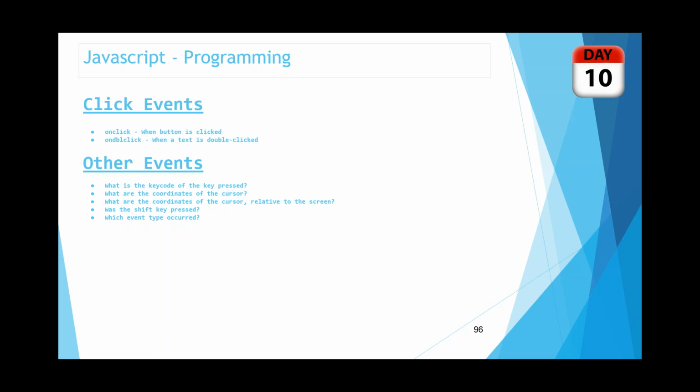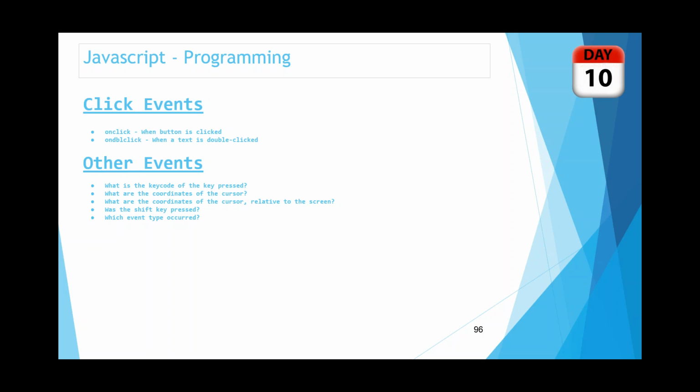Other event information includes the key code of the key pressed, the coordinates of the cursor, the coordinates of the cursor relative to the screen, whether the shift key was pressed, and which event type occurred. So these are different things we can handle on a particular event.